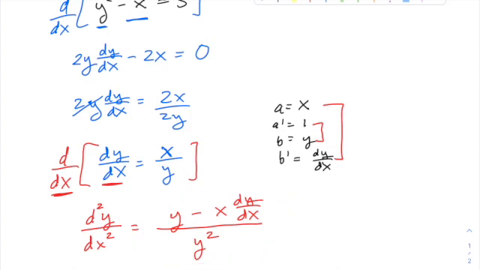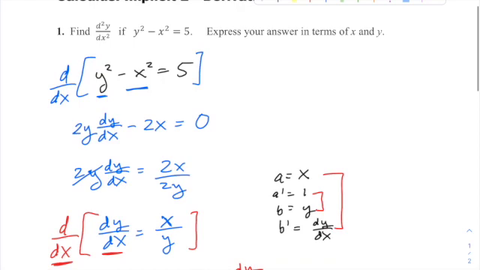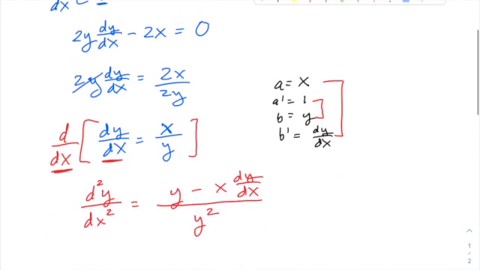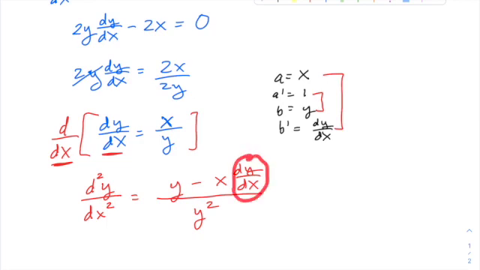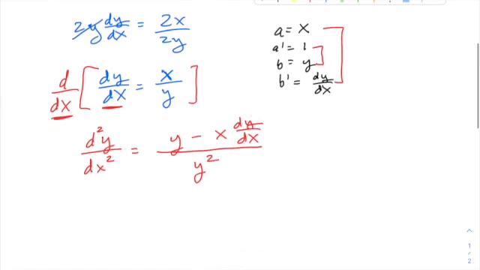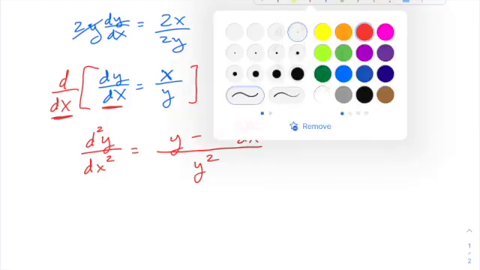If you'll remember that part with the directions, it said express your answer in terms of x and y. And you might think you've done that, but x and y means only x and y, not dy dx. That's really like its own variable. So, no problem here.